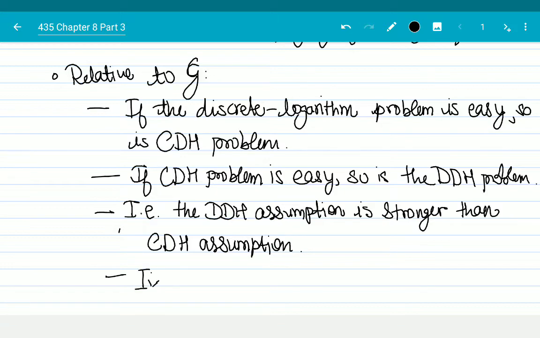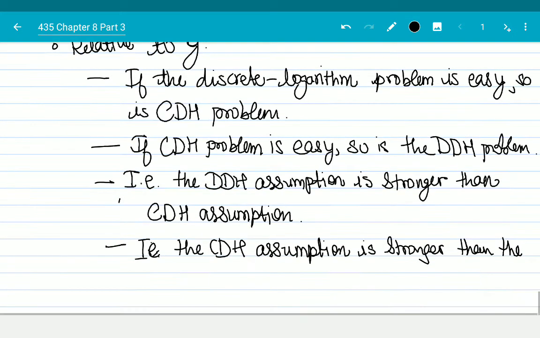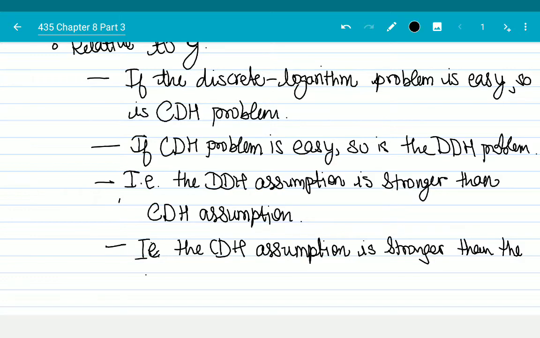The CDH assumption is stronger than the D-log assumption, right?